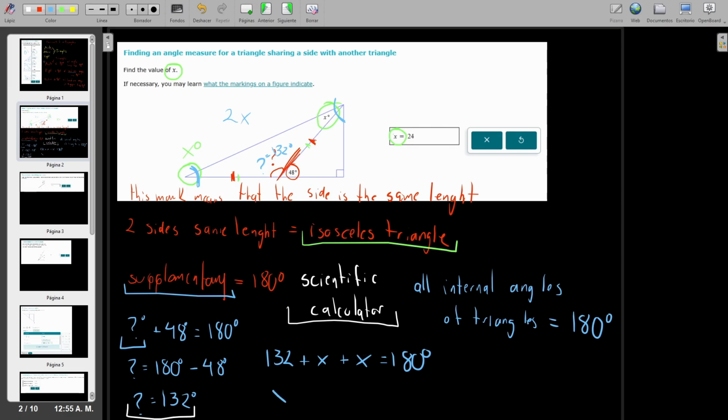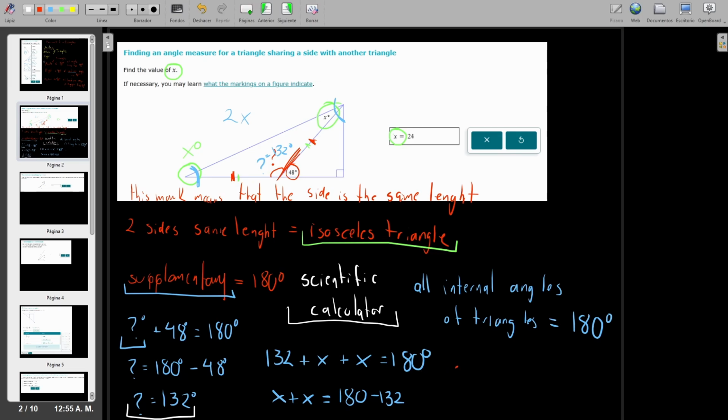Remember, we need to put the values of x to the left, in this case x plus x, and to the other side go the values without the x, the numbers. 180 minus 132. We solve this equation.